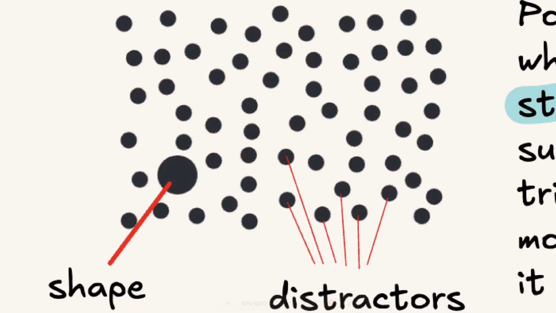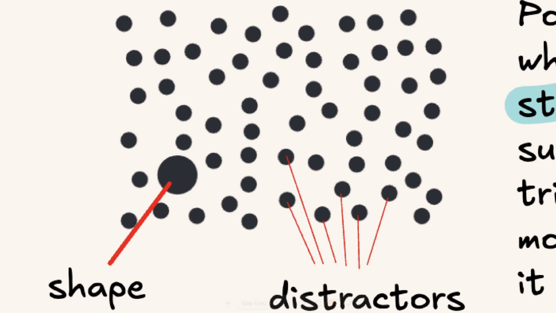So the experiments that look at why P and Q, from the previous example, one stands out and the other doesn't, always include a shape and distractors. And indeed, in this case, you can see that there are two types of shapes that stand out.